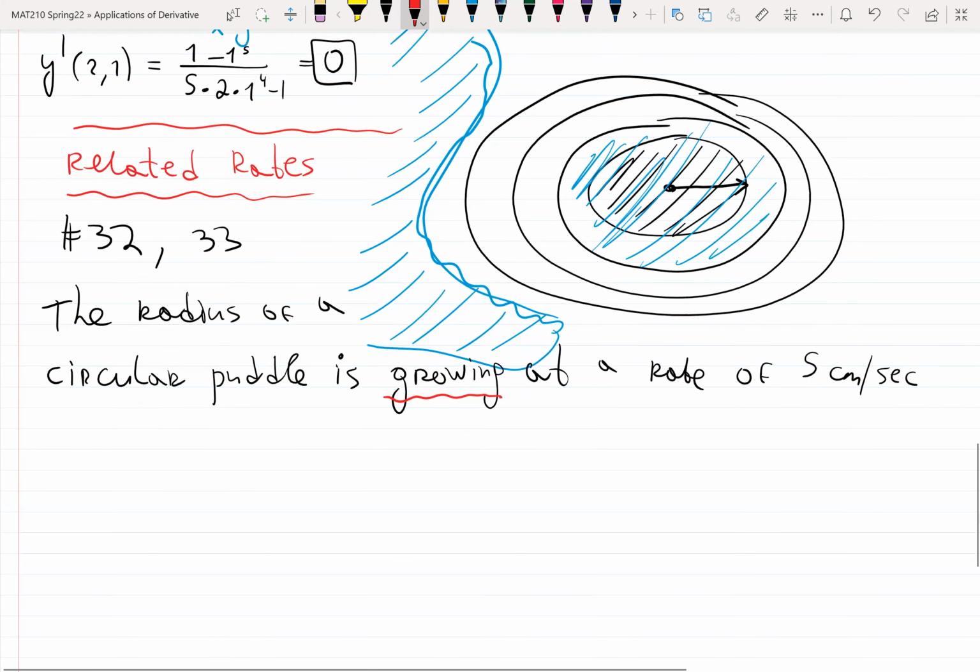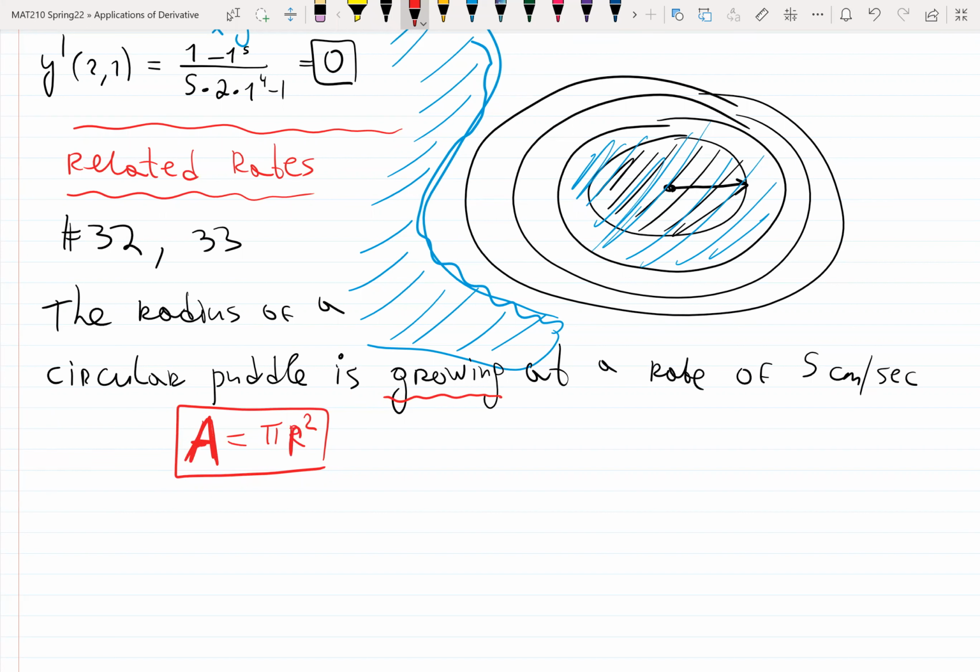In this case, we're talking about the area of the circle, which is A equals pi r squared. So they claim that there are 2 growing rates here. The area is growing and the radius is growing, just like in the simulation I just showed you. They are related rates.